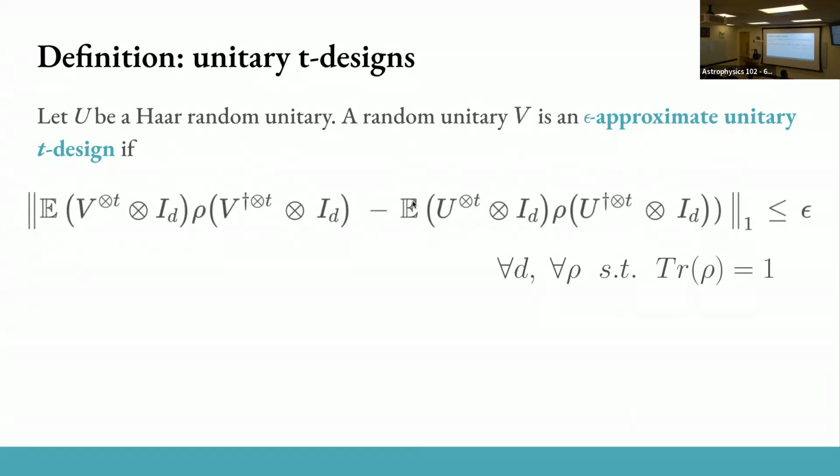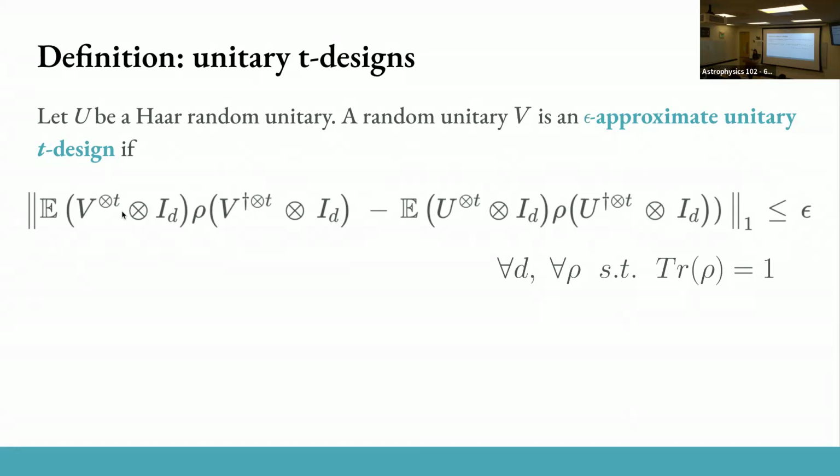And we're comparing these two objects within some norm. This is the one norm, which is specifically the trace norm. But if you aren't familiar with that, you can also just think of it as some distance measure between these two ensembles. And we want to say that these two ensembles are very similar, or that the distance between them in this norm is very small. So epsilon is some small parameter, and it is the epsilon of the epsilon approximate.